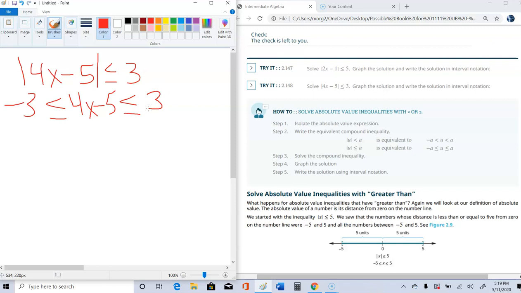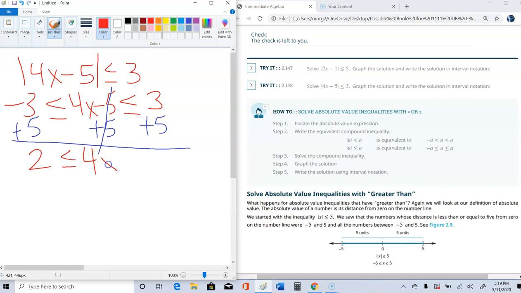Now, to solve a three-part inequality, you solve it the same way you would a regular linear inequality. We need to add 5 to get the 4x by itself. So we'll add 5 to all three parts of our inequality. That leaves us with 2 is less than or equal to 4x is less than or equal to 8.